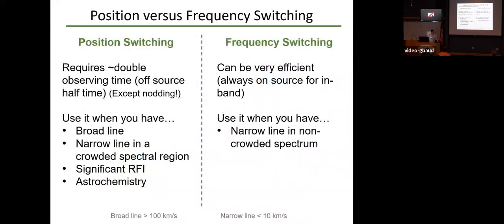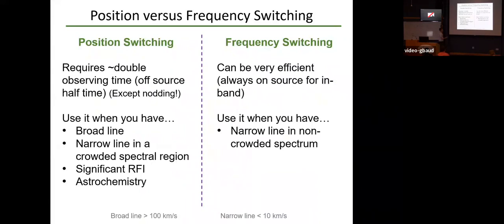So here is a little table about when you might want to use one or the other. So drawback of position switching is that it requires double the observing time because you are off source half the time, except for when you are nodding. So if you have two beams, you can get rid of that drawback. This is useful whenever you have broad lines over about 100 kilometers a second or so.